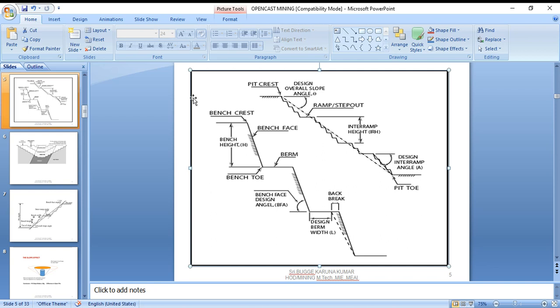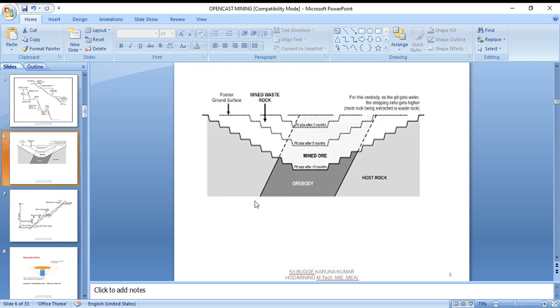So in open cast, when the option is taken to go through open cast, if your outcrop is this much, vertically the depth will be more. In such cases, we extract the mined ore.